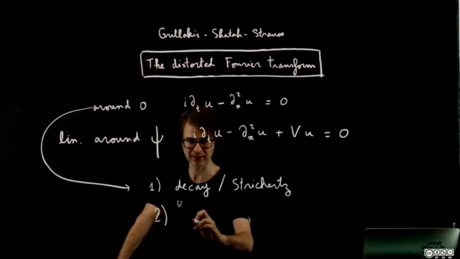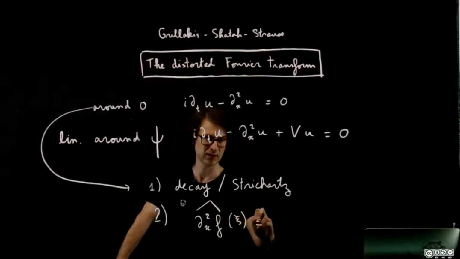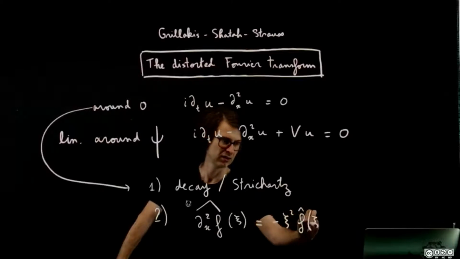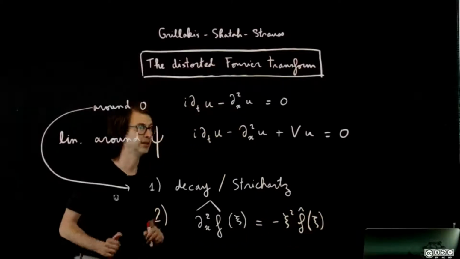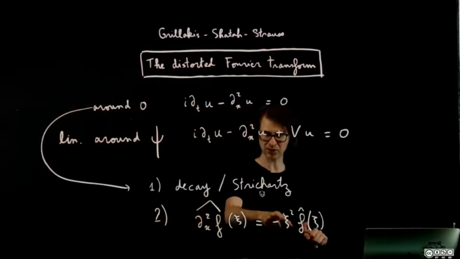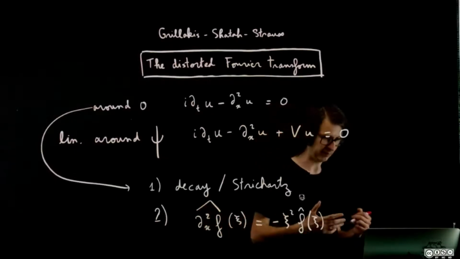So in other words, if I take dx squared f hat of xi, this is minus xi squared f hat of xi, as we all know, right? So if you conjugate multiplication by xi squared with the Fourier transform, what you get is the Laplacian.